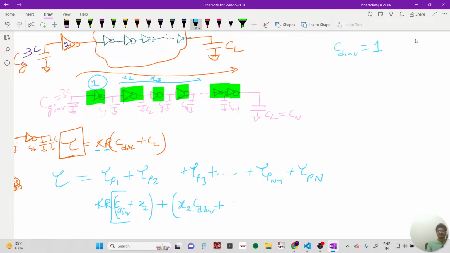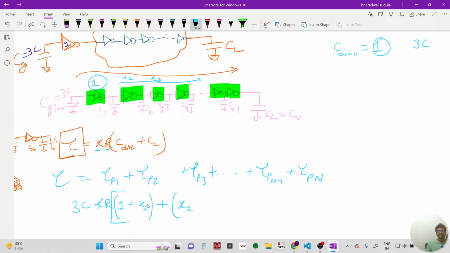Later on we can write it as 3C. Diffusion cap of the inverter is 1, in the sense that we'll multiply this entire thing by 3C later on, or we can just write it now itself. Okay, 3C.